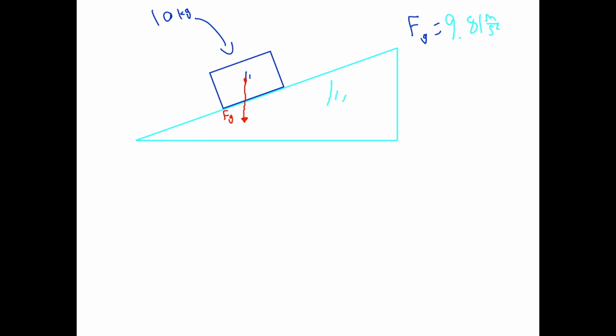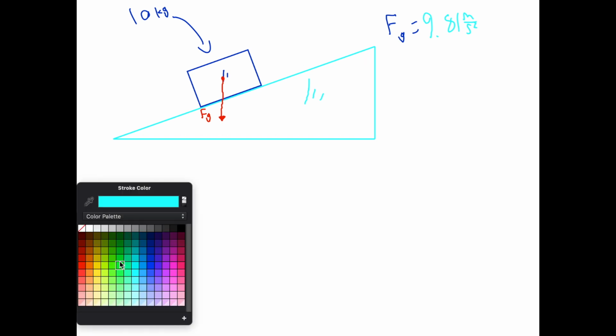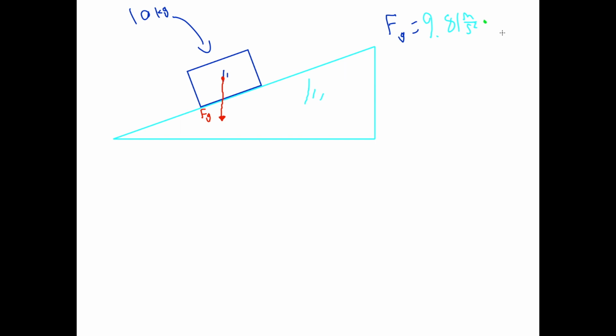There's also going to be the mass of the brick, so 10 kilograms. So what is this? It's going to be 9.81, or actually we're going to ignore the 1 in this case. We are going to round to the nearest tenth, so it's just 9.8. 9.8 times 10 is 98.